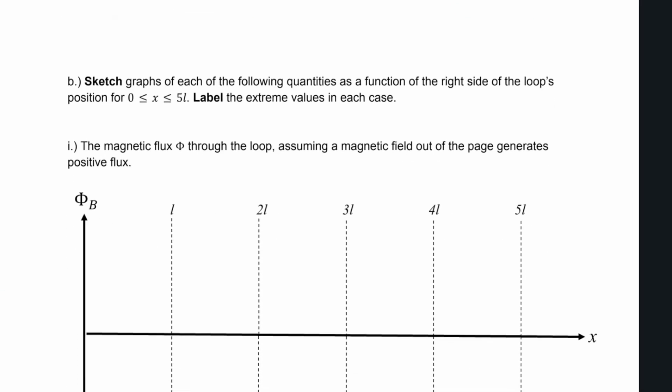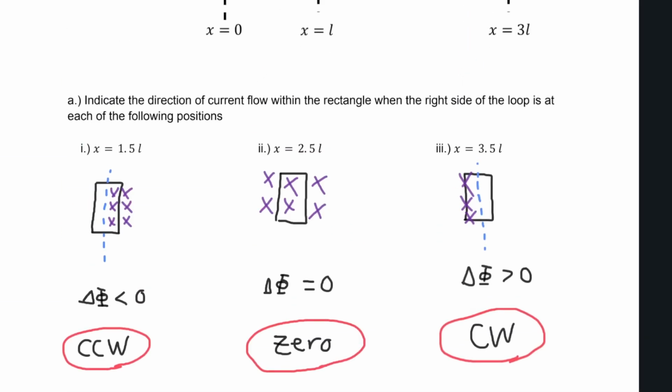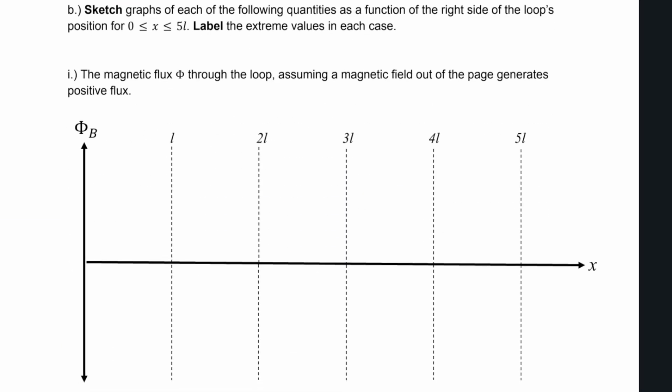All right, now a big graph for us. Magnetic flux through the loop, assuming out of the page generates positive flux. Once again, I like to do these big physics graphs by knowing sort of our extreme cases.